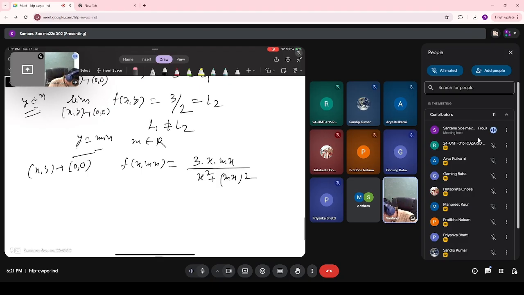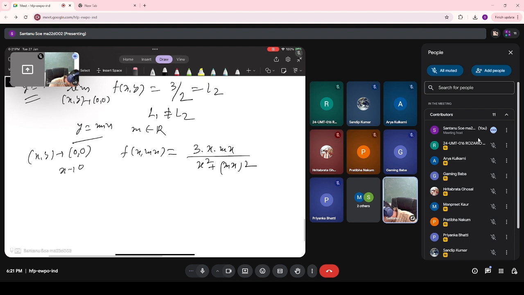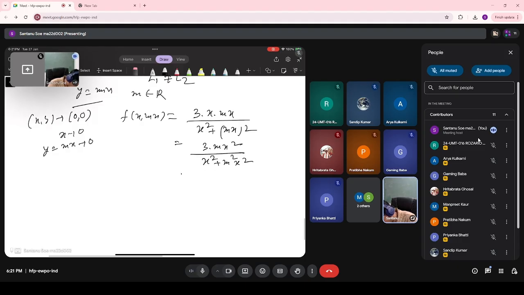Because here if x tends to 0, then y equals m of x will also tend to 0. So both x and y are tending to 0. Now we can check that this is 3m x square divided by x square plus m square x square, and this is nothing but 3m divided by 1 plus m square.